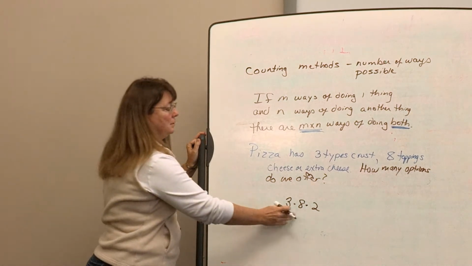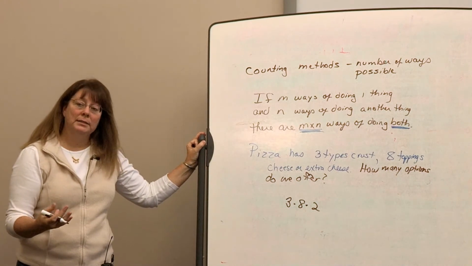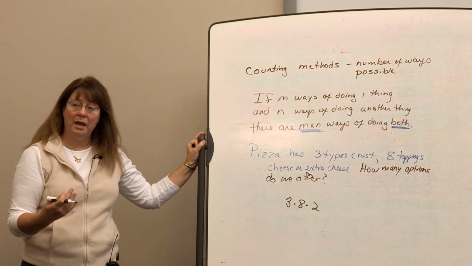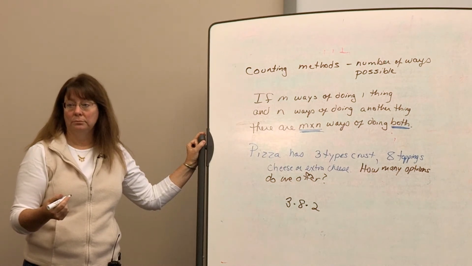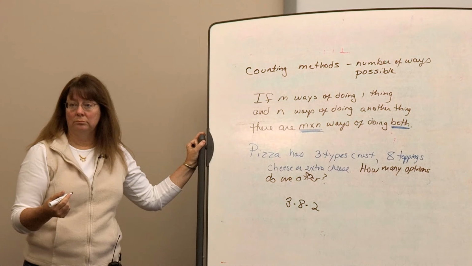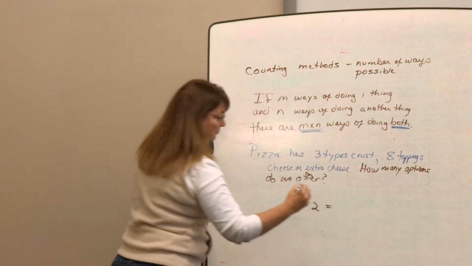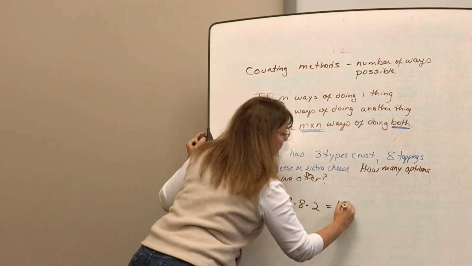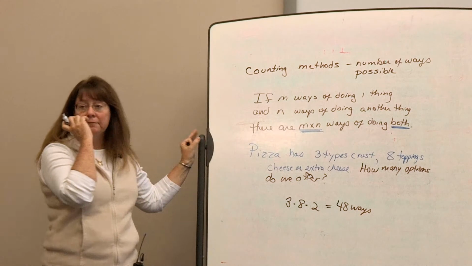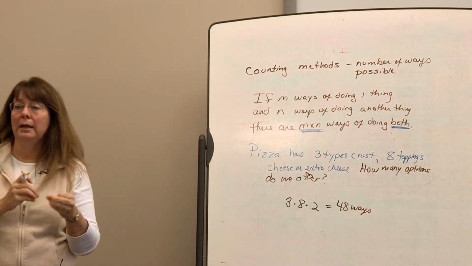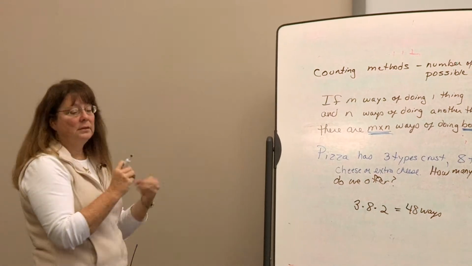So I've got the crust and the toppings and the cheese to pick for my pizza. So when they advertise this, how many different ways are they going to say that we have? How many different kinds of pizza are available for you to choose from? There's 48 different ways that you can combine 8 toppings and the different cheeses and the different crusts together.